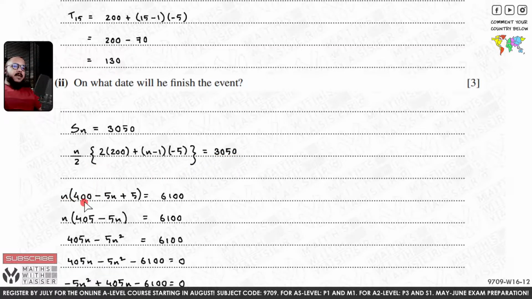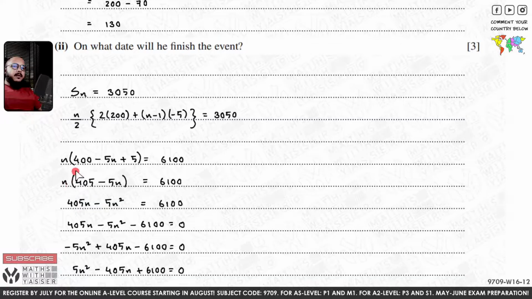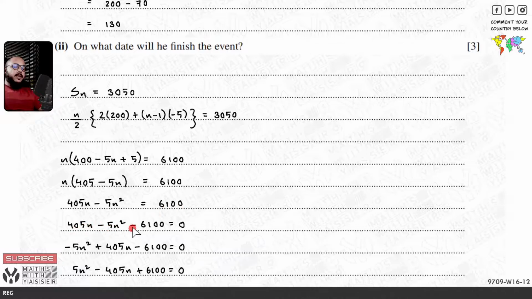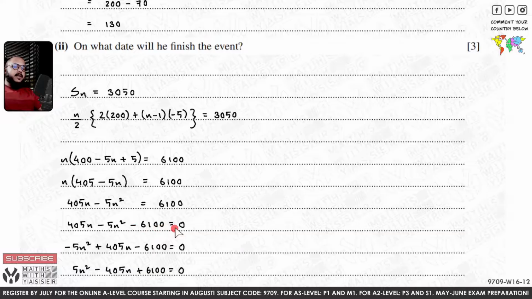Simplifying, we get n times (400 minus 5n plus 5) is equal to 6100. It will be n times (405 minus 5n) equals 6100. Now multiplying this, we get 405n minus 5n square is equal to 6100. Or we can say 405n minus 5n square minus 6100 is equal to 0.